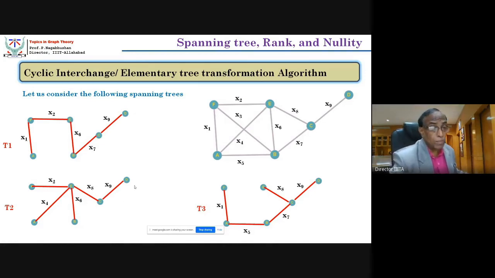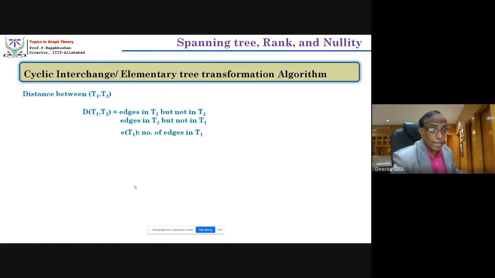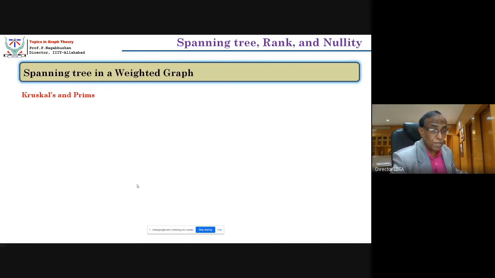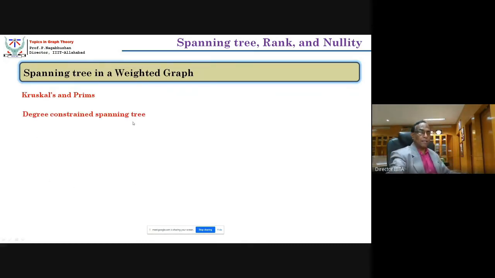So I would be more interested in constructing such trees, degree constrained spanning trees. They are the algorithms. Now, you have to use Kruskal's algorithm to get the minimum spanning tree, but in addition, you have to satisfy a constraint on the degree that it should not exceed 2, or in particular, I might even mention a particular vertex.